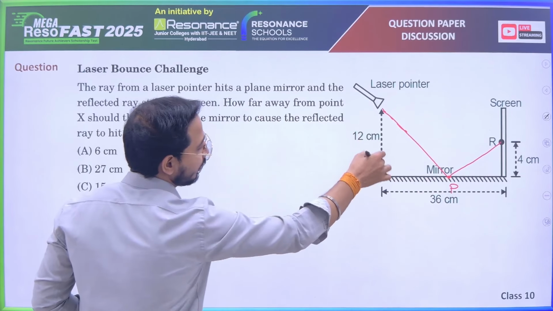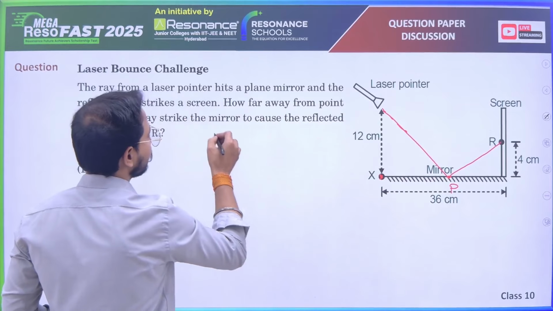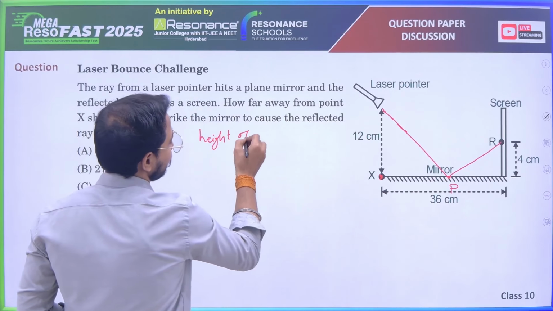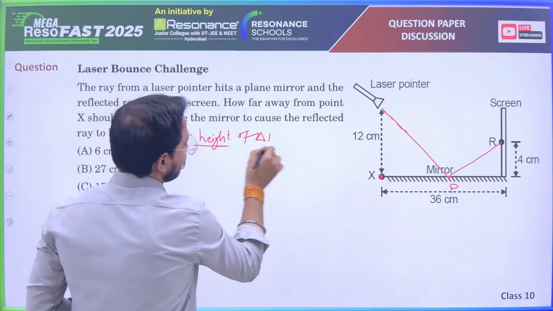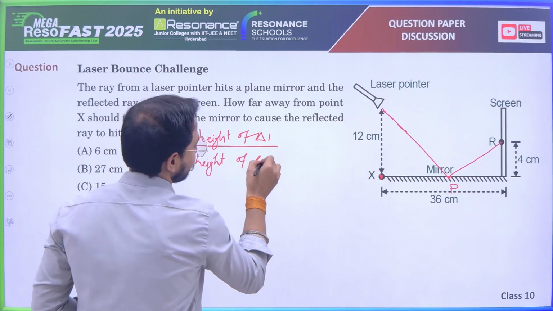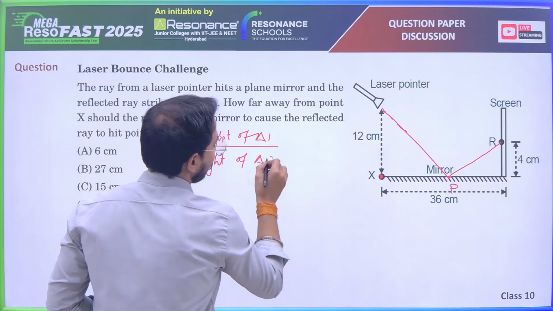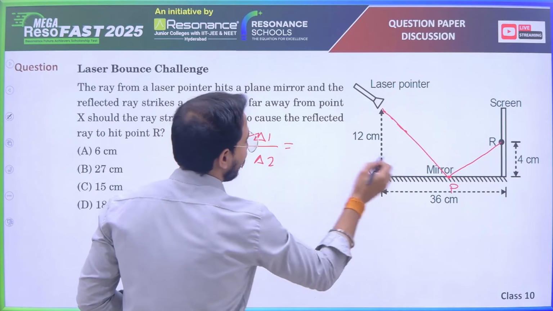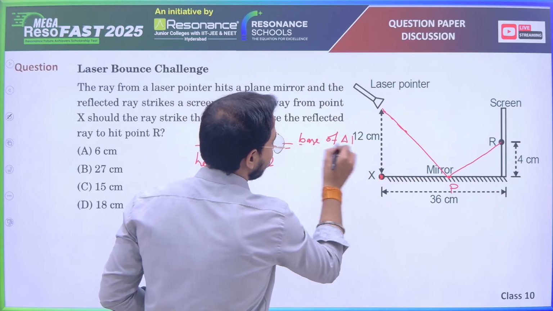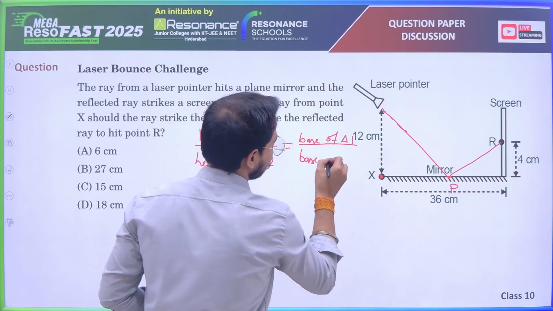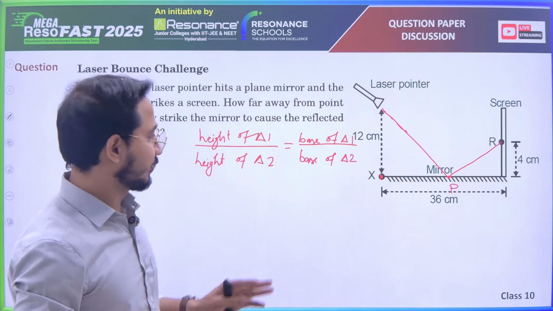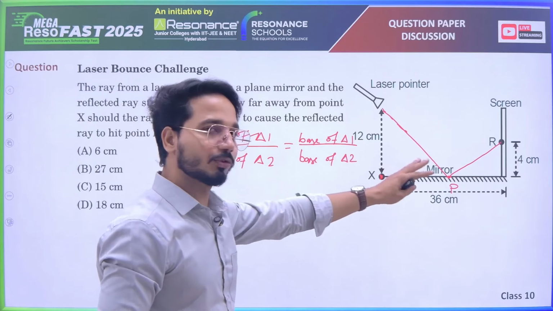So the height of triangle 1 to the height of triangle 2 should be equal to the base of triangle 1 to the base of triangle 2, right? As per the similarity law, their ratios should be proportional.